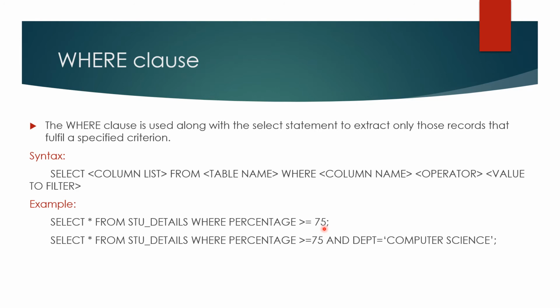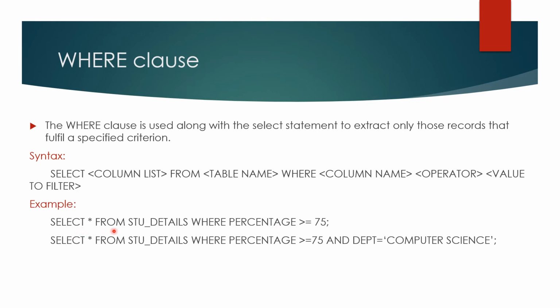So here they are giving a condition. By using the where clause we are specifying a condition. We want to display the list of students who secured above or equal to 75%.